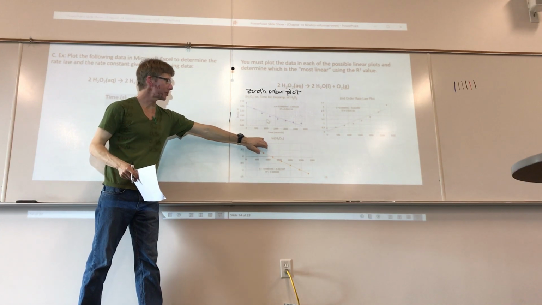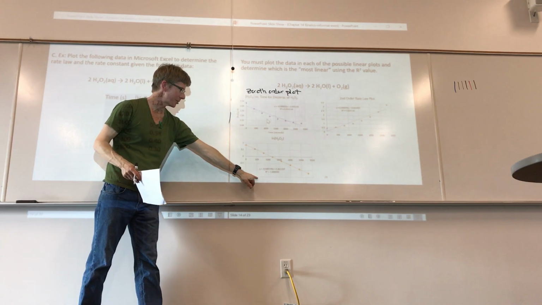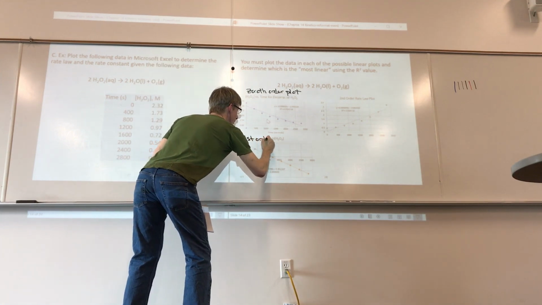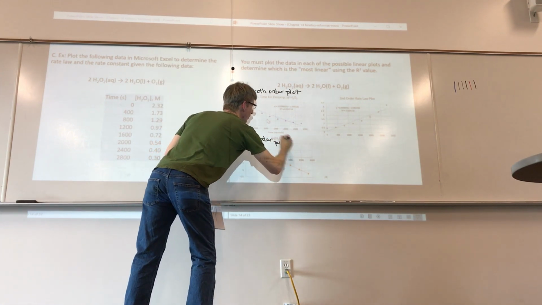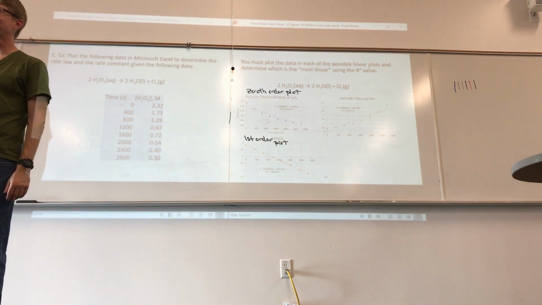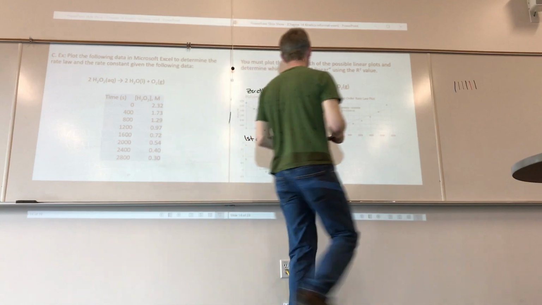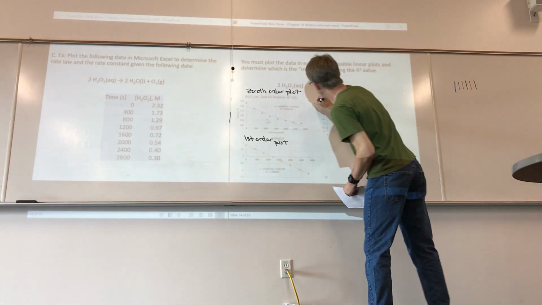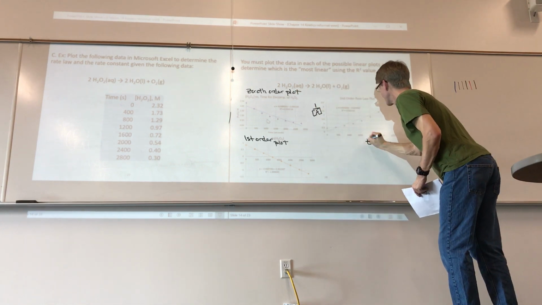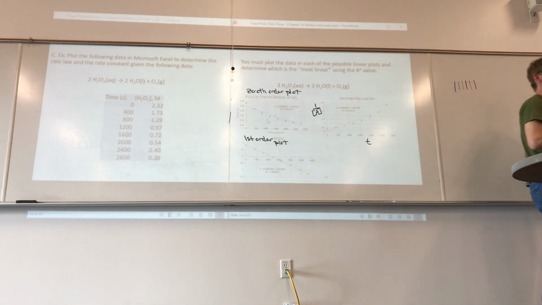Natural logarithm of concentration versus time. That's the 1st order plot. And the 2nd order plot already says 2nd order plot on it, and it is poorly labeled, so let me label it: 1 over concentration versus time.